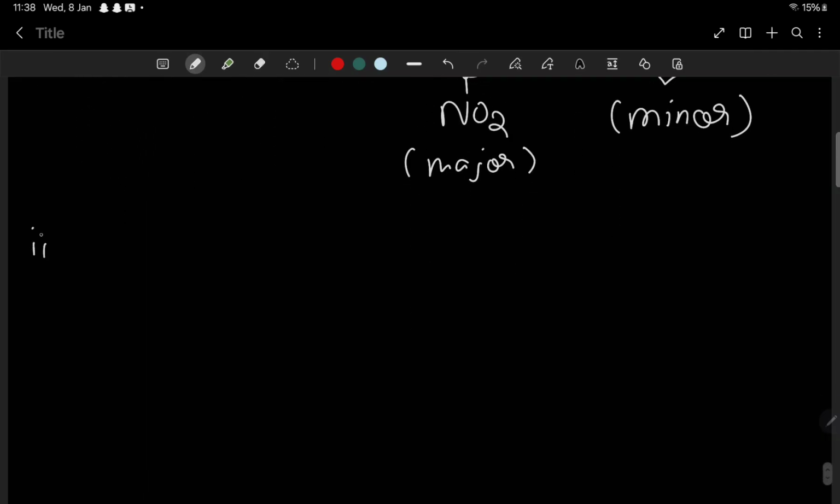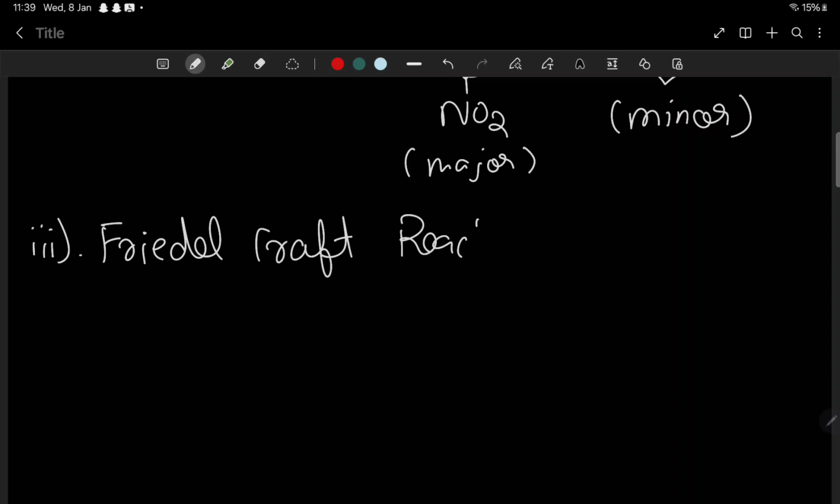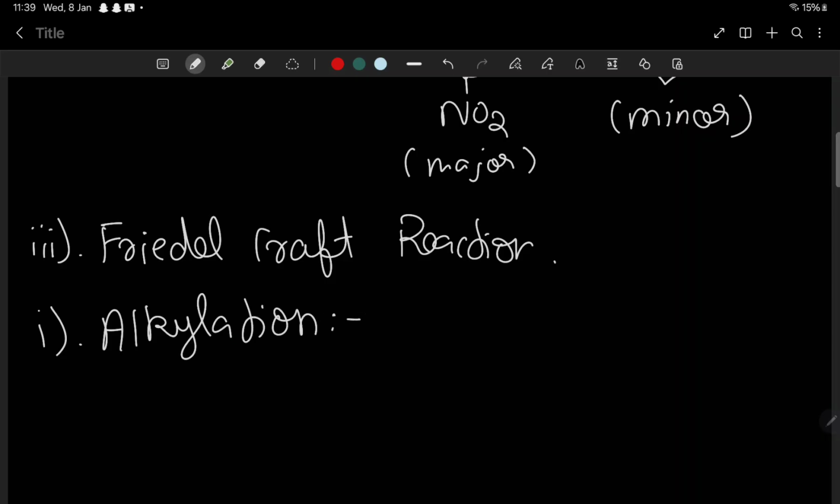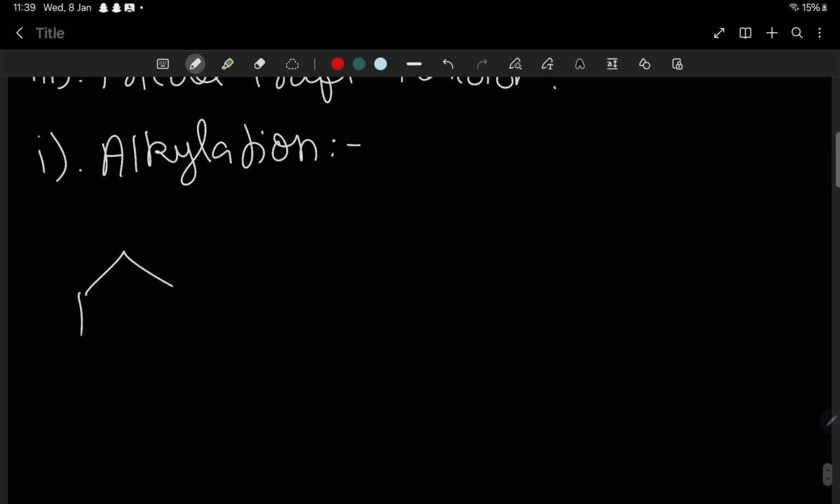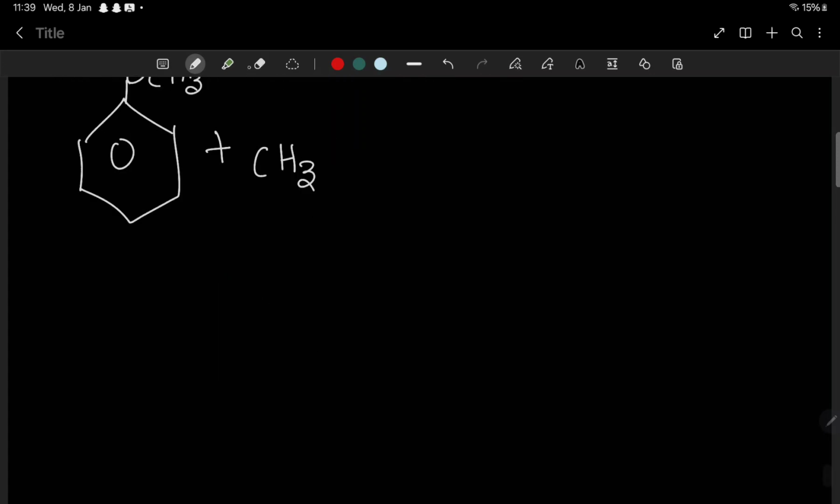Next set is Friedel-Crafts reactions. First, alkylation. Take the ether first, we are taking anisole itself here, and add the corresponding RX. I will just write it commonly so that it will be simple.